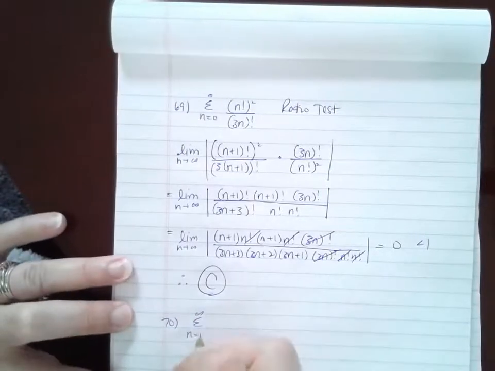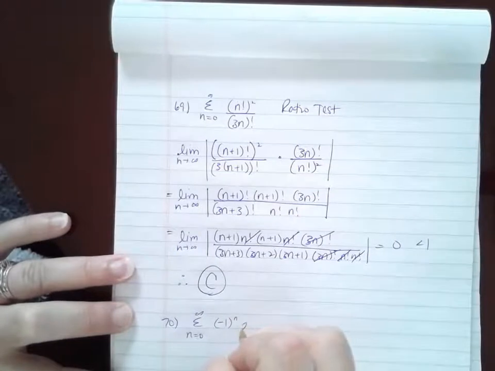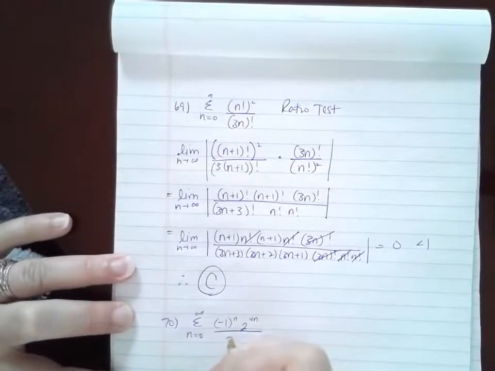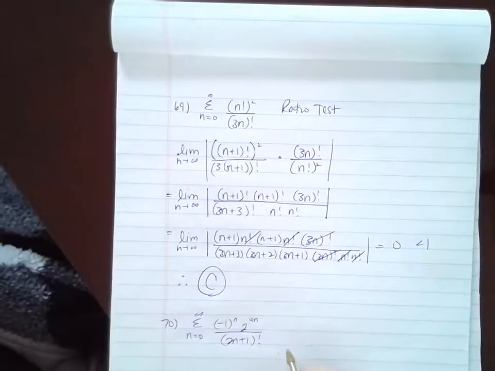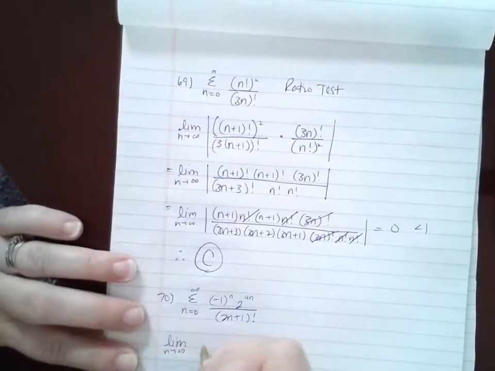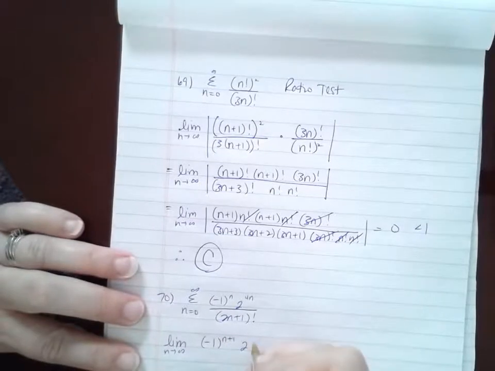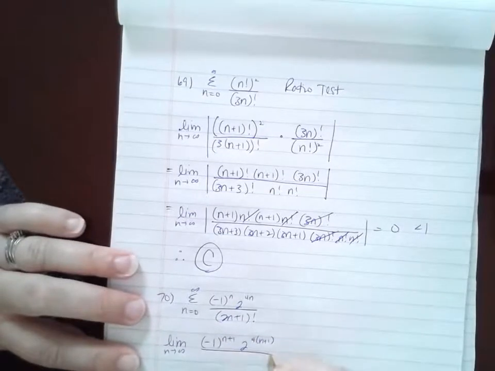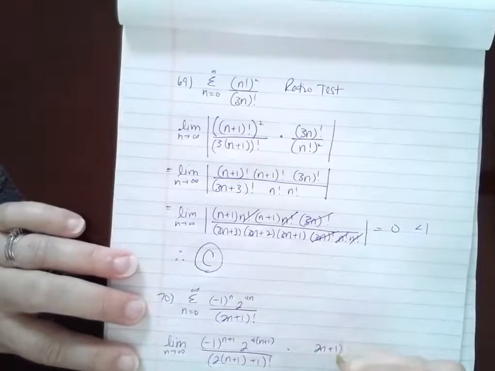Moving on, we have the series from n equals 0 to infinity of negative 1 to the n, 2 to the 4n over 2n plus 1 factorial. Again, my gut would tell me to use the ratio test because I see a factorial in there. Factorial says take the next one, the n plus 1, plugged in for every n that you see, times the reciprocal of the original.